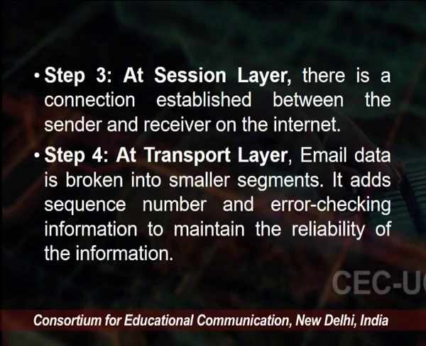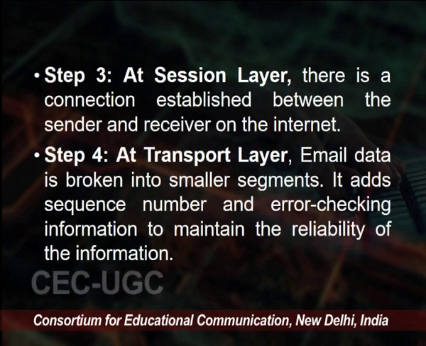Moving further, at the transport layer, this email data is broken into smaller pieces. The name of the data piece here is the segment, and in order to perform error checking and to maintain the reliability of the information, a sequence number is added to these segments, so that even if a segment is missing, it can be identified, saying that this particular sequence number is missing.